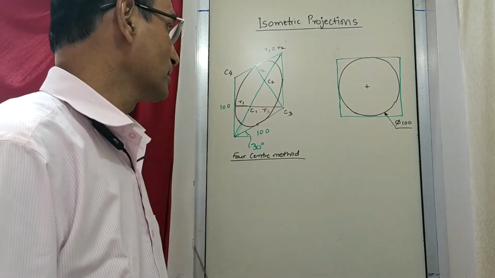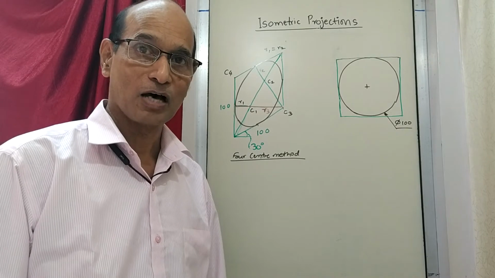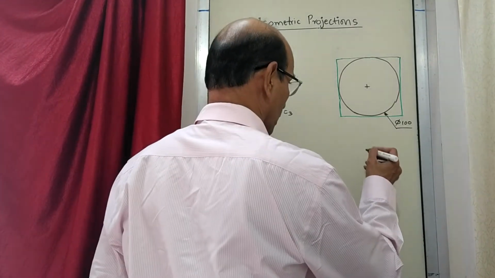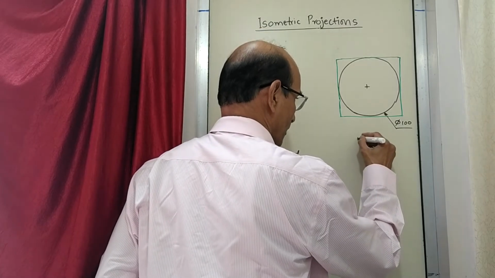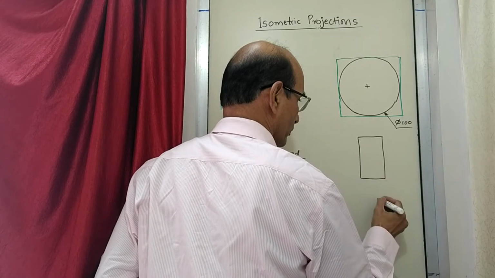If this is the case, you will find that things are so easy to draw. Suppose you are asked to draw one cylinder. Suppose now I am giving you an exercise where the question is like this. This is a cylinder.